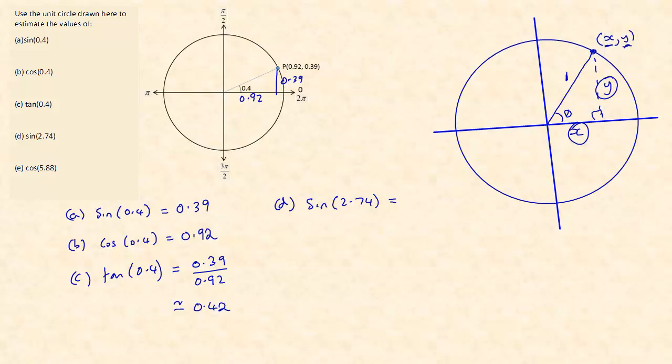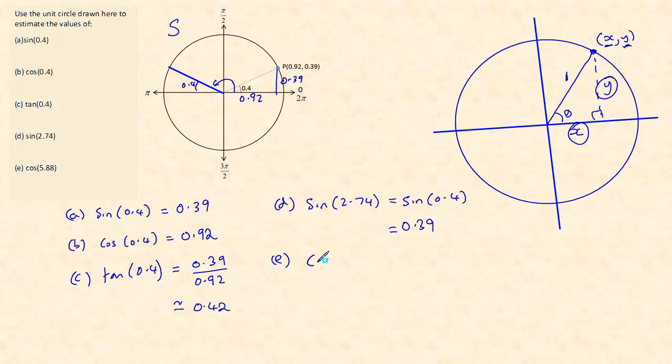So what we're talking about is this angle just here, where this is 0.4. So the sine of 2.74 is going to be equal to the sine of 0.4. Remember, this is the S quadrant, so the sine is positive. So that's going to be 0.39.